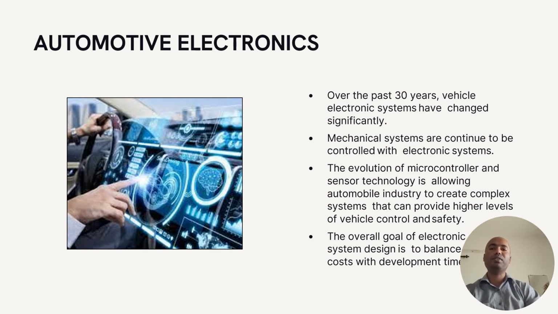Anything like this is possible with the support of electrical and electronic systems. The evolution of microcontrollers, microprocessors and sensor technologies is allowing the automobile industry to create complex systems that provide a higher level of vehicle control and safety. The overall goal of electronic and electrical systems is to balance the cost and development of production systems.